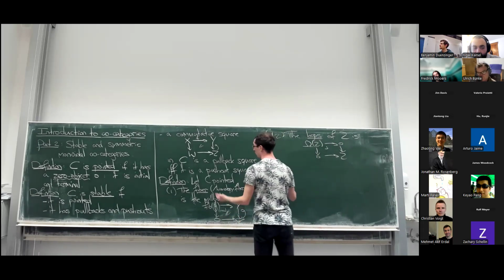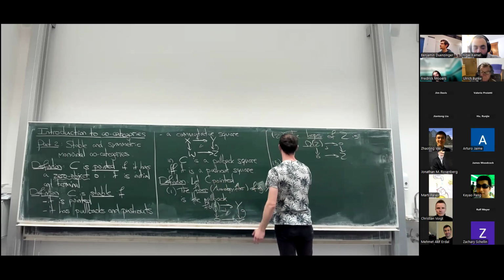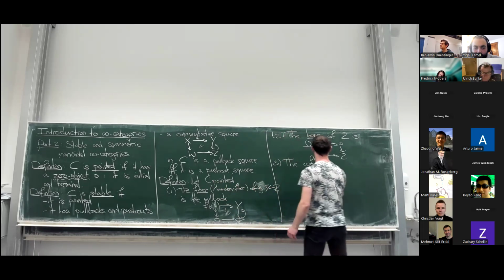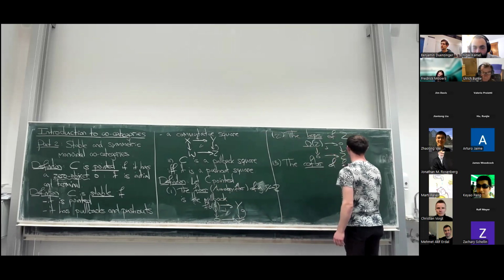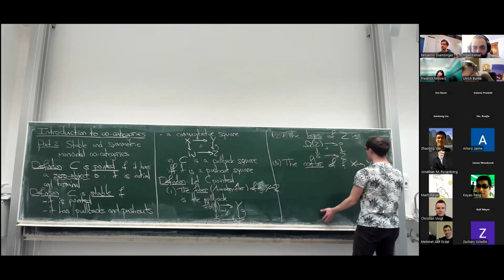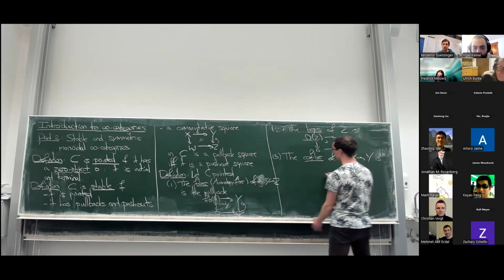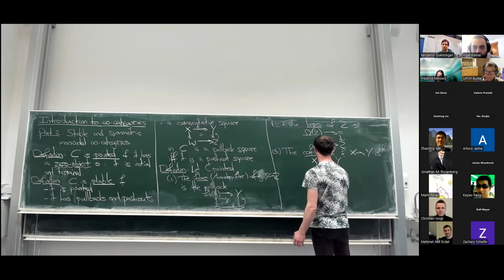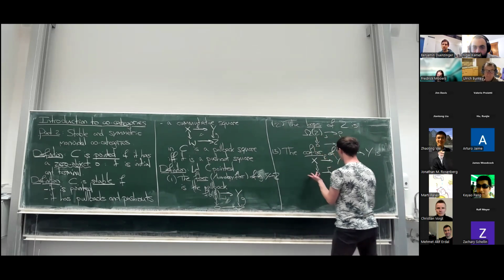And dually, we can turn things around. We get notions of cofibers and suspensions. The cofiber of f from X to Y is a certain pushout. We have X to Y. We have the unique map to 0. And then we just form the colimit of this diagram.